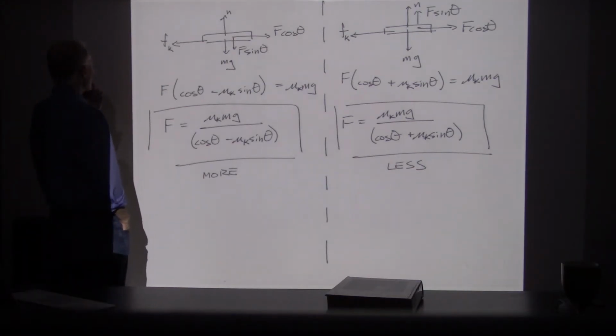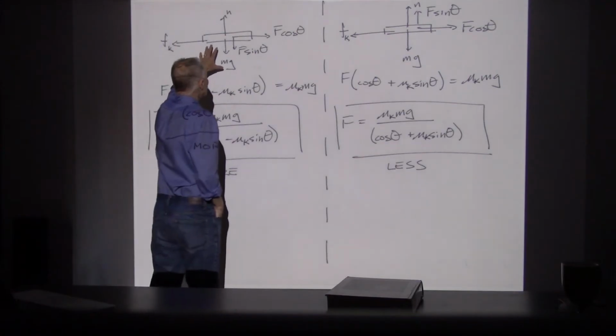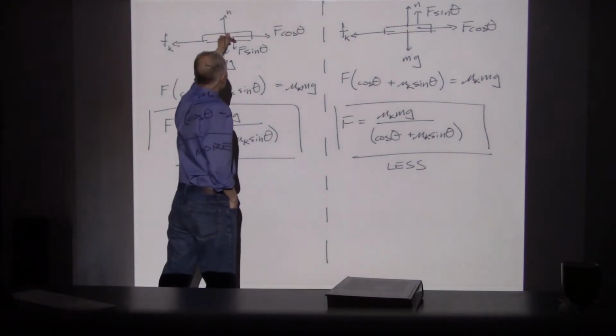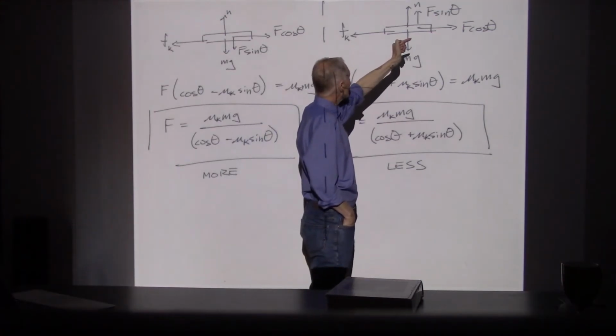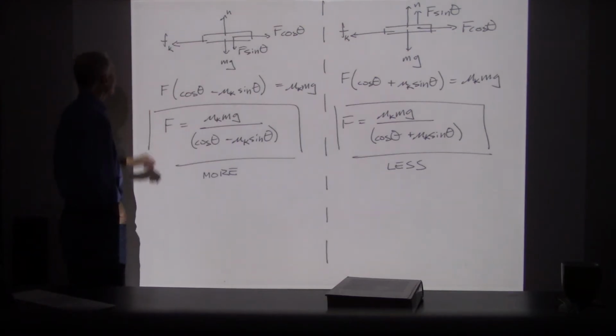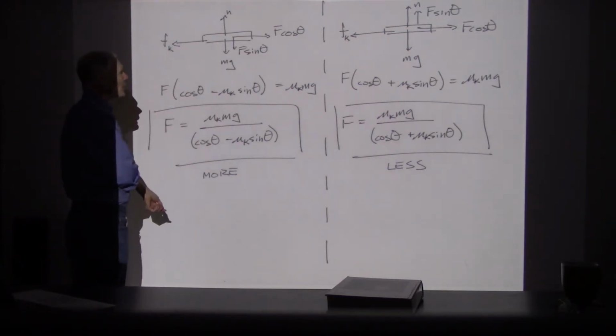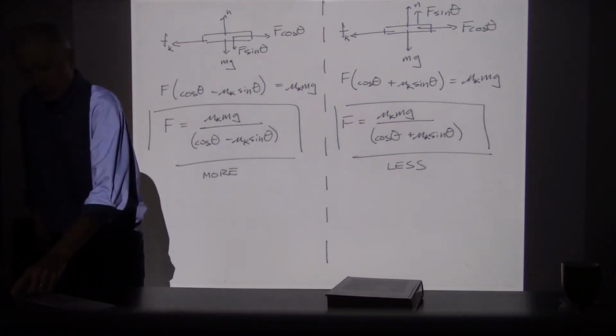All right, so here's more of that same problem. Let's go back. Here's that same force diagram where we're pushing downwards with force F at some angle. Here we are lifting with force F at some angle. Let's go back and look at the previous one so we can make the connection.